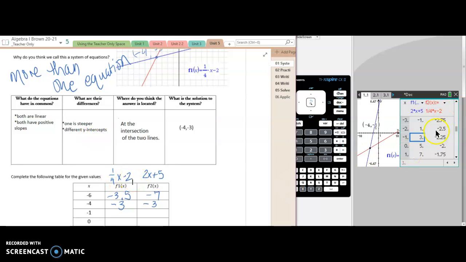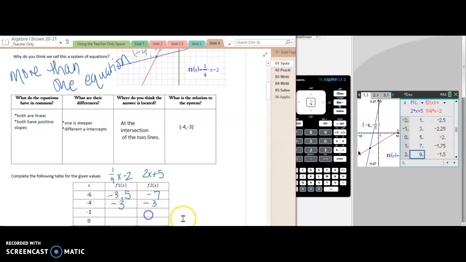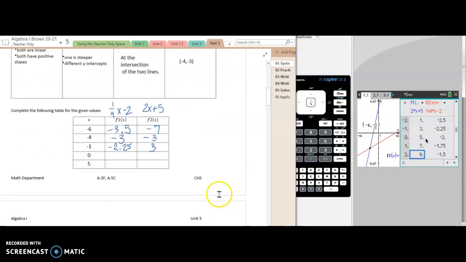All right. So 2x plus 5 at -1 is 3. And 1/4 x minus 2 at -1 is -2.25. At 0, it is 5 for 2x plus 5, and -2 for 1/4 x minus 2.